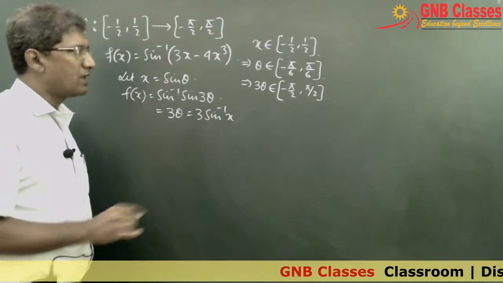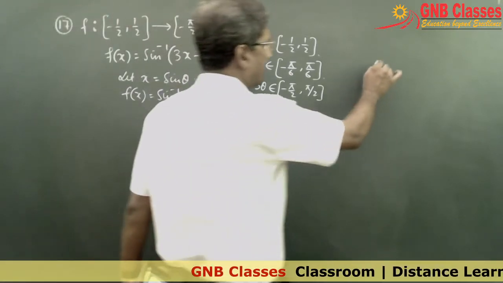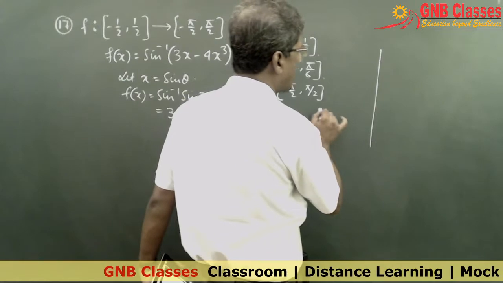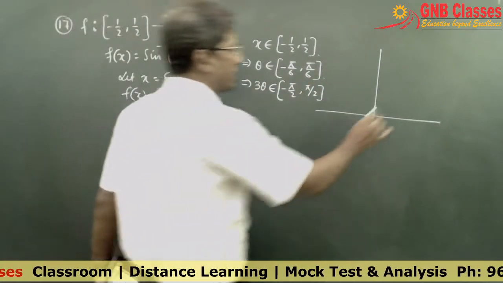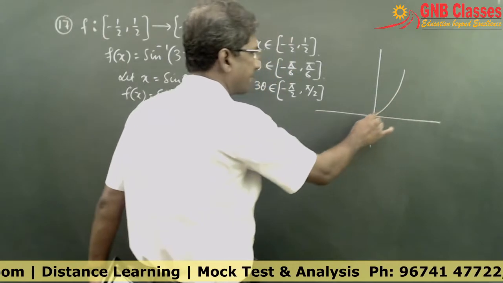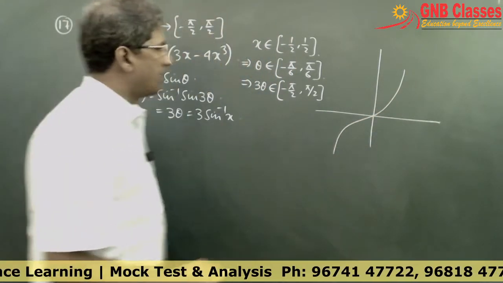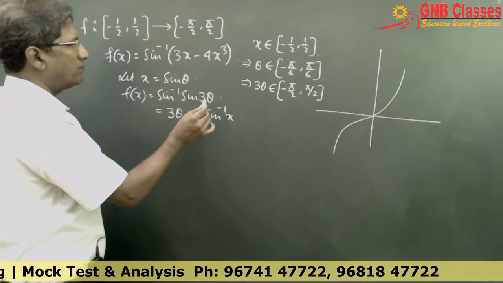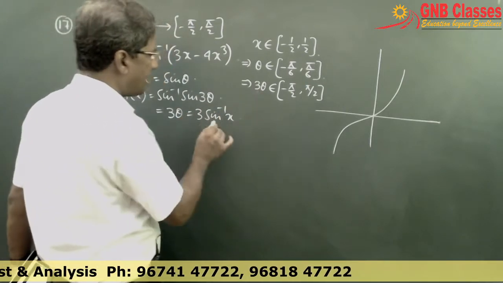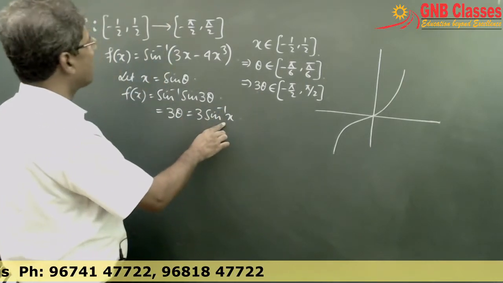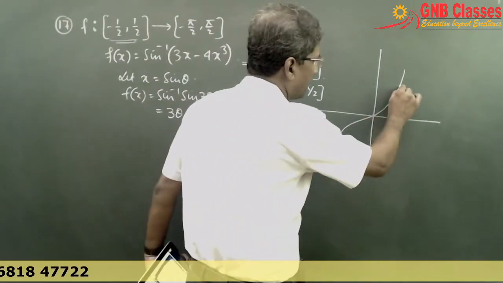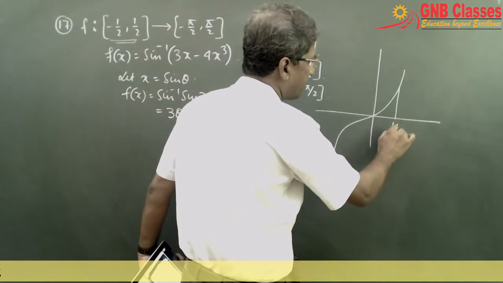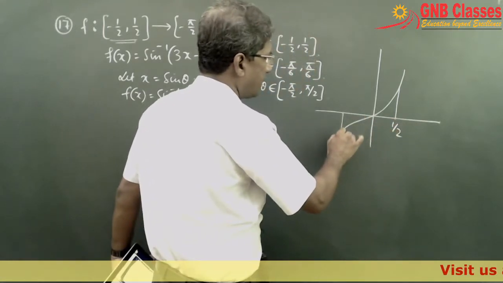Is it clear? Now if I draw the graph of 3 sine inverse x, how will it look like? Now we have been restricted, you see, your 3 theta, 3 sine inverse x, x is lying from minus half to half. This is half. This is minus half.